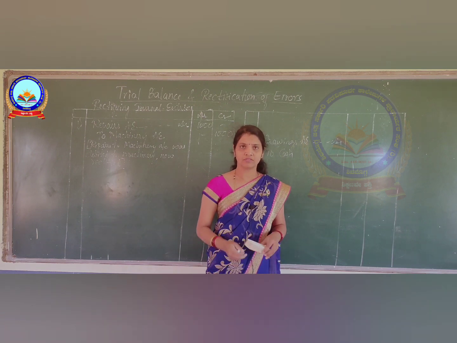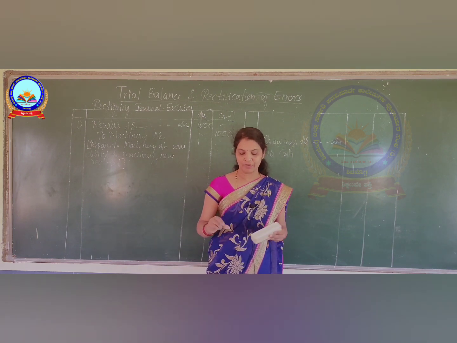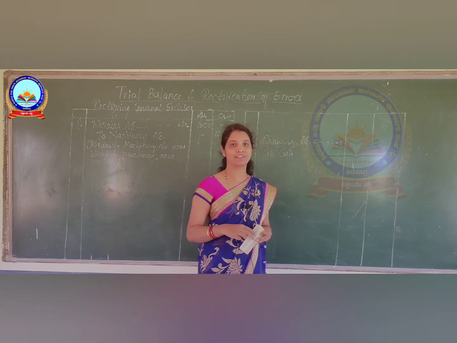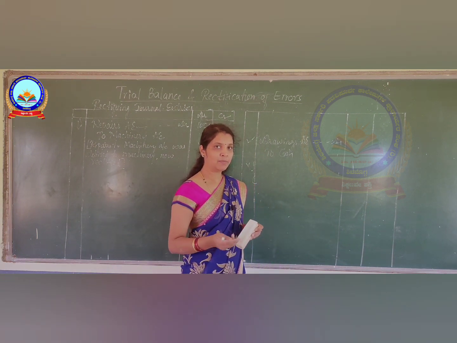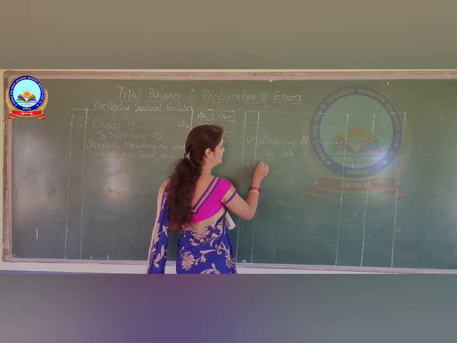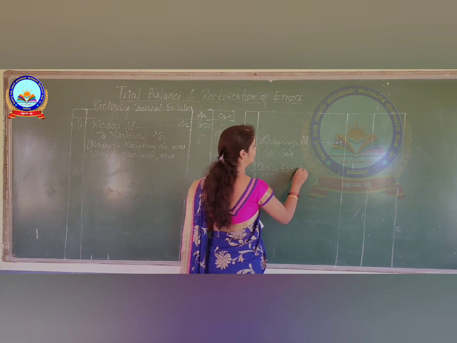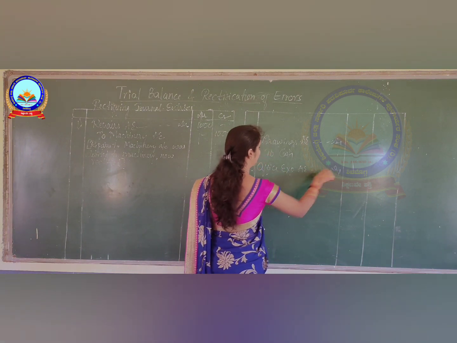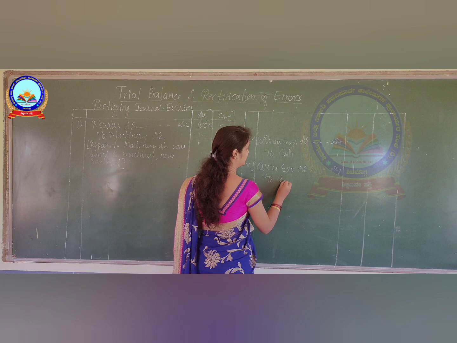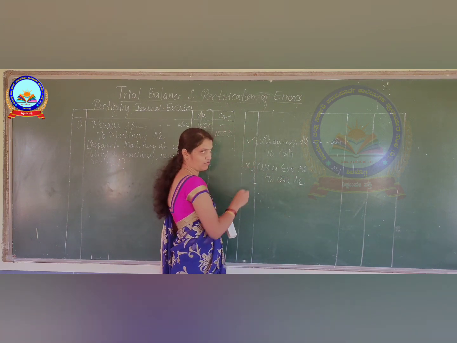But what did the accountant do here? Has been debited to office expenses account. He debited the office expense account, meaning he wrote office expense account debtor to cash account, which is wrong.